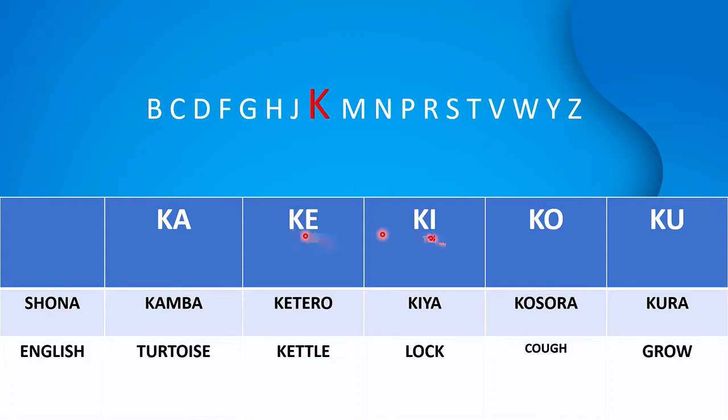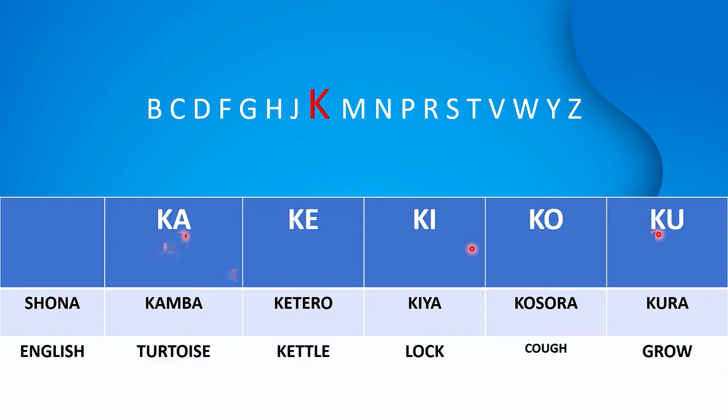When you combine it with the vowel I, it's Ki, Ki, Ki. And when you combine it with the vowel O, it's Ko, Ko, Ko. And when you combine it with the vowel U, it's Ku, Ku, Ku.